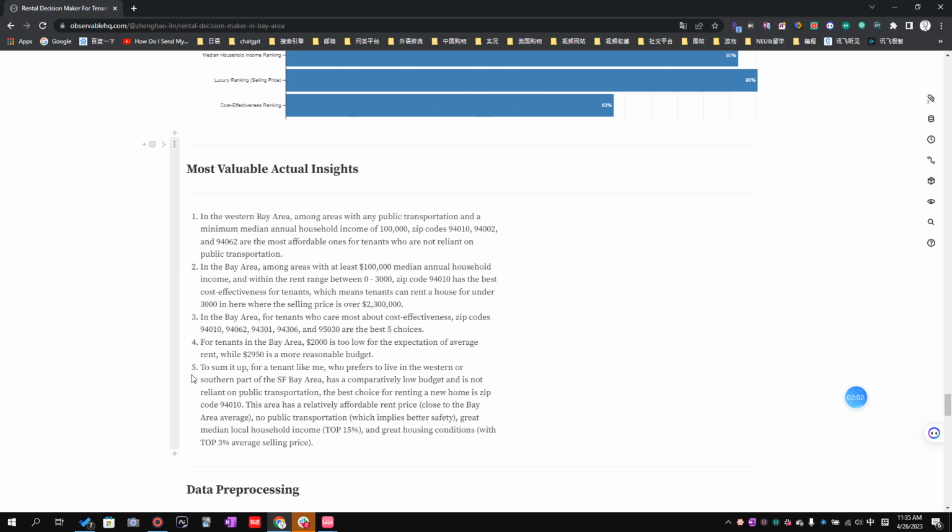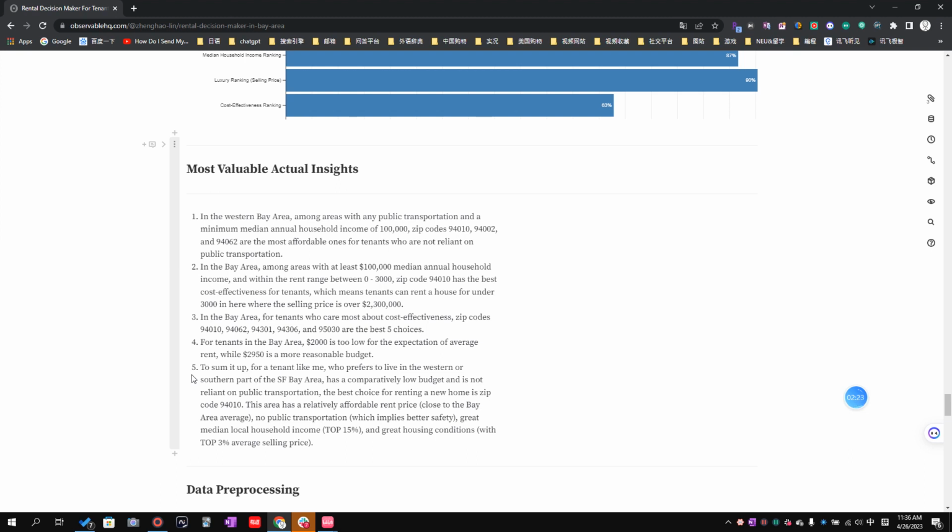It implies greater safety and maybe greater public services like public schools. And it has great housing conditions. The reason is its selling price is in the top 3% among all zip code areas.